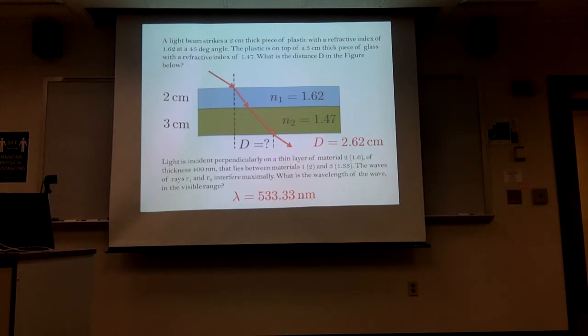Minimally would basically just mean it doesn't interfere at all, which doesn't really make sense. But here, it's ambiguous because you can interfere maximally both constructively and destructively. So if this was on an exam, I would just flat out say constructively or destructively.